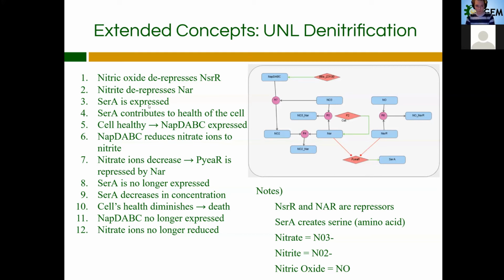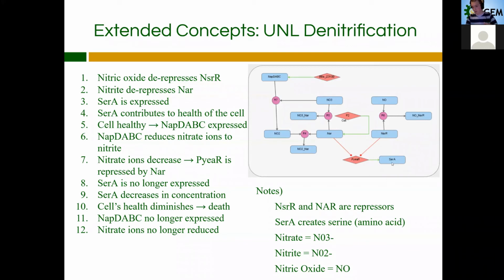So once these bacteria are added to the environment, the nitric oxide present in the environment along with the nitrate are going to de-repress these repressors. And because these repressors got de-repressed, this promoter is going to activate, which in turn transcribes serine.